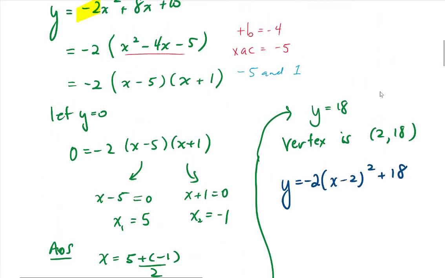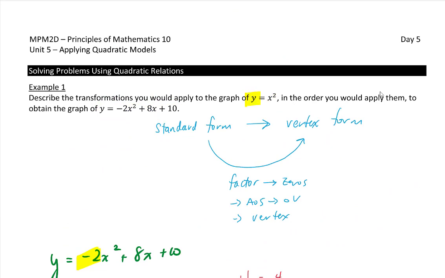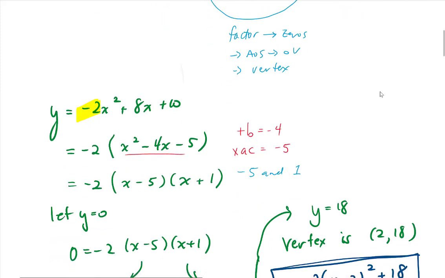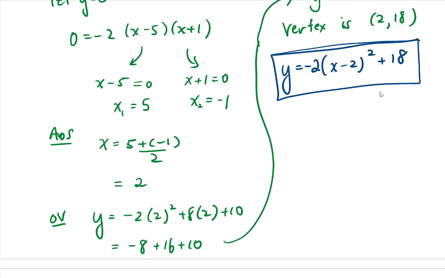But this wasn't our question. Our question was, state the transformations to go from y equals x squared to this standard form equation, y equals negative 2x squared plus 8x plus 10. So we're going to take the equation rewritten in vertex form and describe the transformations.